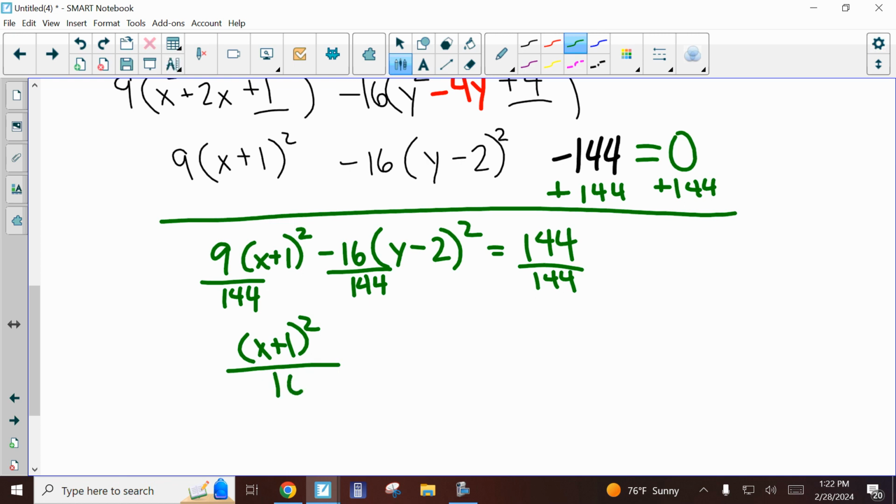Yes, it is. And then minus y minus 2 squared over 9 equals 1. This subtract is the same as this subtract.